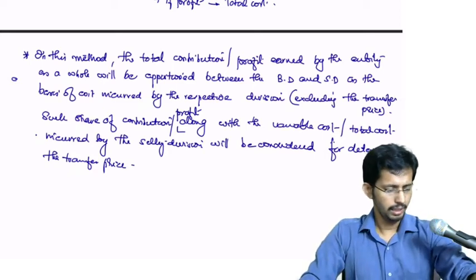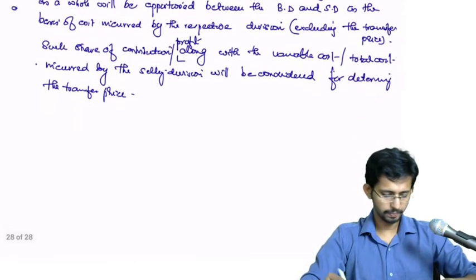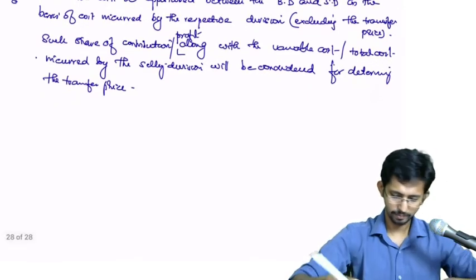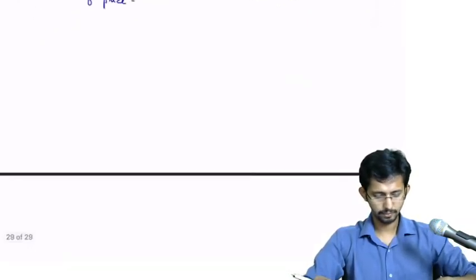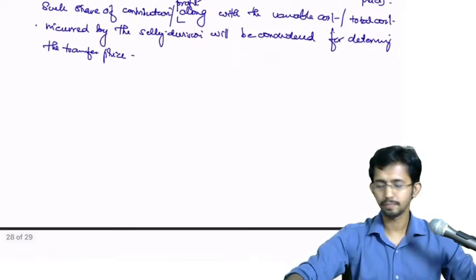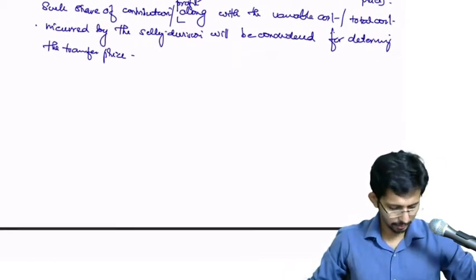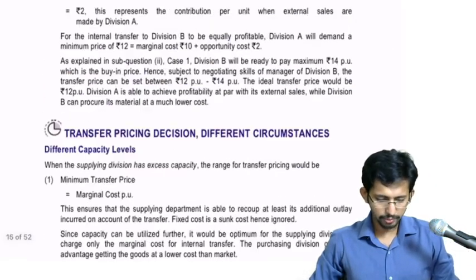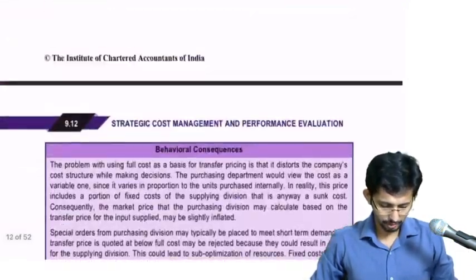Okay, so what we can do is we can do a problem from this. I think we have a problem at the beginning of the chapter. You can take the institute material.